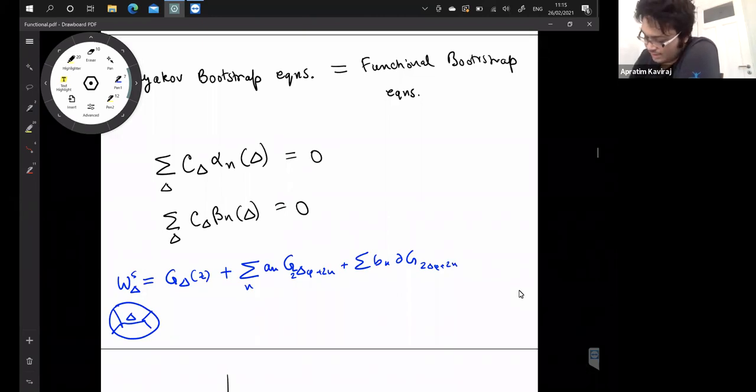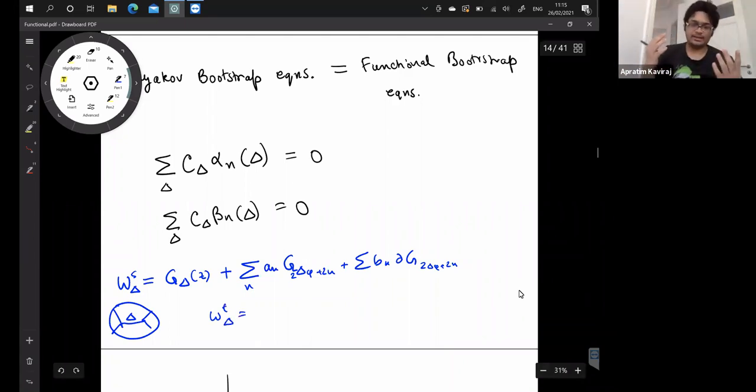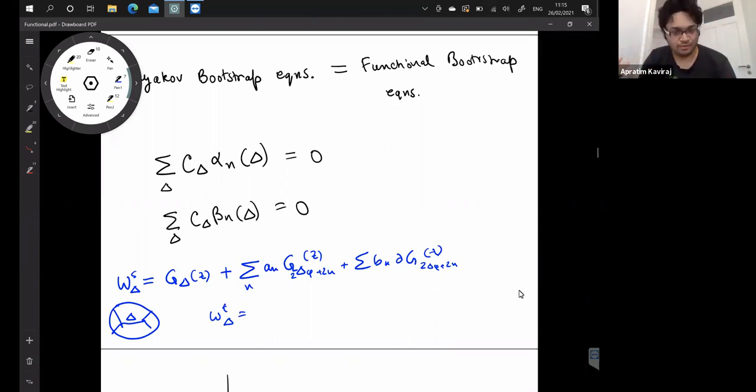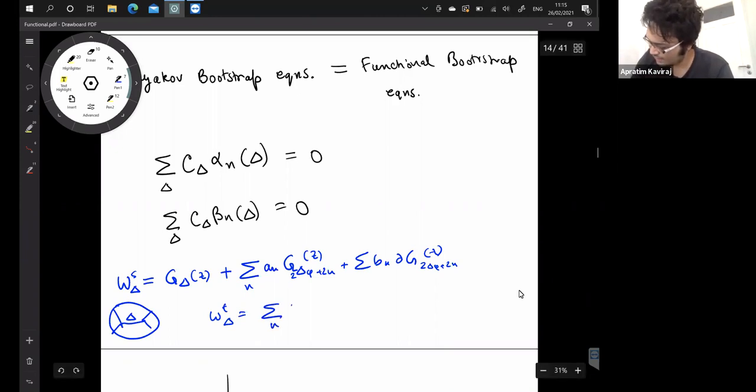And the T channel, if you expand, the first line was an expansion in crossing symmetry in S channel conformal blocks. The T channel Witten diagram, if you expand it in S channel conformal blocks, and this is important, you have to expand them in S channel conformal blocks, then you get something like A_n^T G of delta n again, and also A_n^T of G of delta n plus 1.